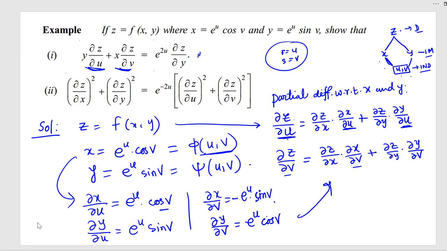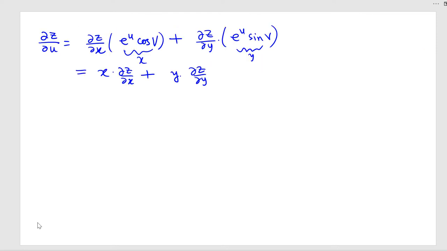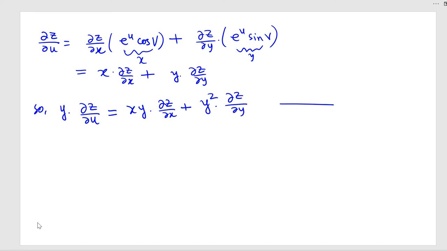We have to find out, look at the term, y is multiplied, so we multiply by y. So y times del z del u is x times y del z del x plus y square times del z del y. Call this one as 1.